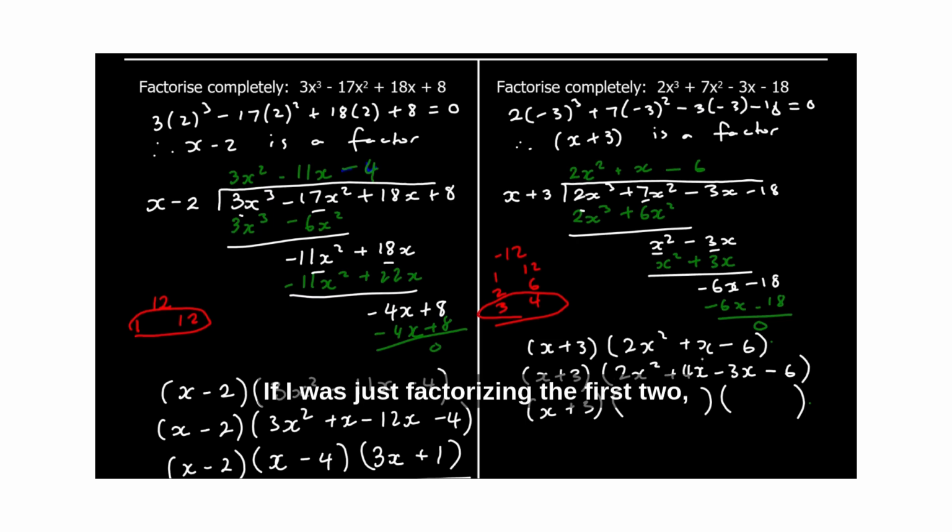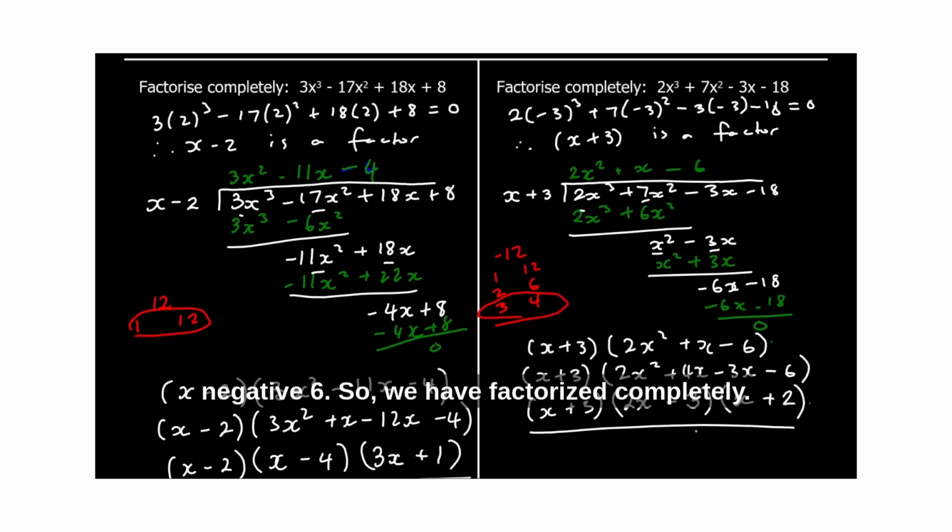If I was just factorizing the first two, I would bring out 2x. So 2x must be the first term. 2x times something is 2x squared. That's x. 2x times something is 4x. That's 2. Something times x is -3x. That's -3. And -3 times +2 is -6. So we have factorized completely.